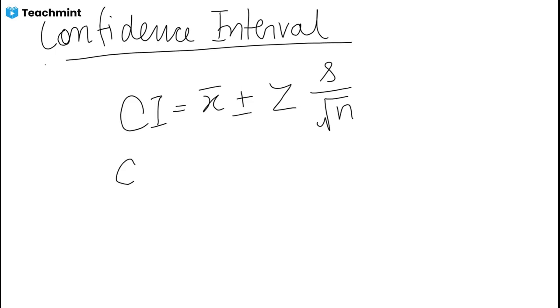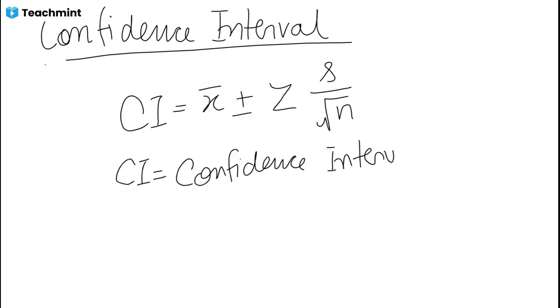Here CI is confidence interval. Z is the confidence level value, they'll give it to you in the question.